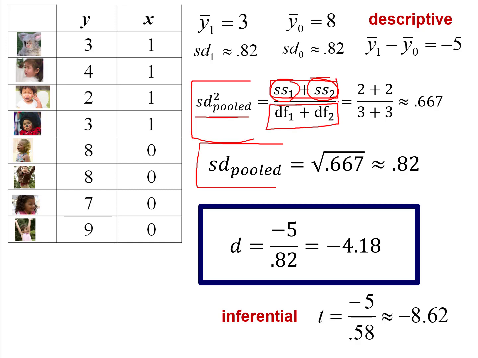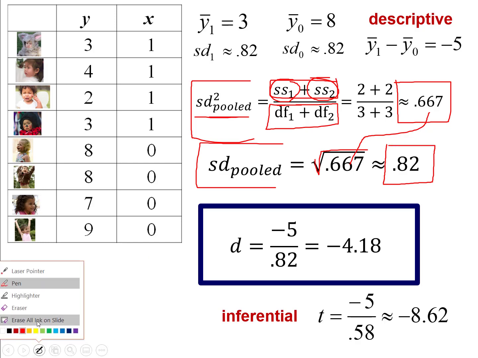In the previous section, we calculated the pooled variance for this example, and we got a value of 0.667. And then to calculate the pooled standard deviation, we simply take the square root of our pooled variance. So if we take the square root of 0.667, we get a pooled standard deviation of 0.82.